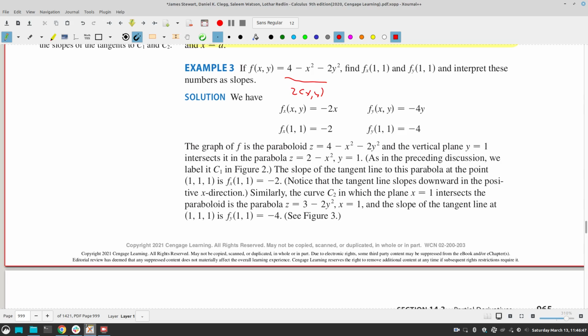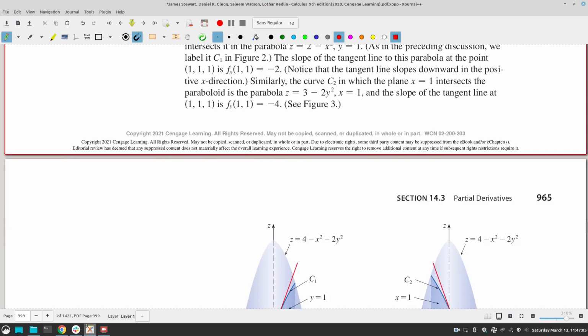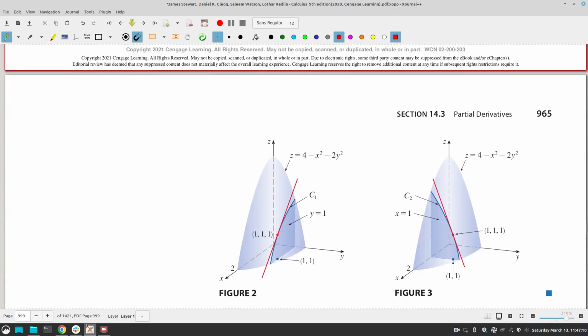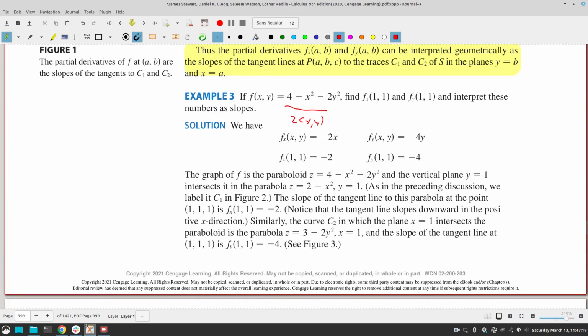So what do these derivatives mean? First of all, we need to find the intersection of the surface with the planes x equals 1 and y equals 1. This graph here is a paraboloid.